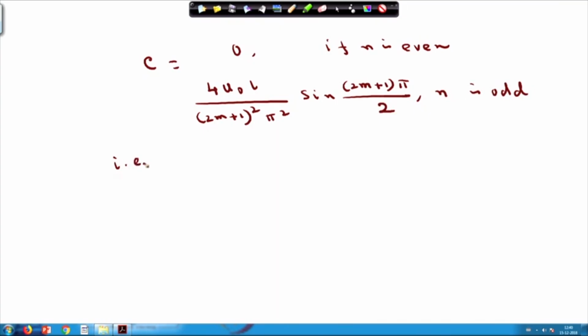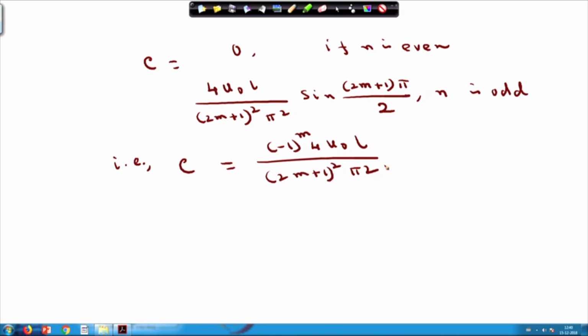Or this directly I can write, c equals minus 1 to the power m 4 u 0 into L by 2 m plus 1 whole square into pi square.